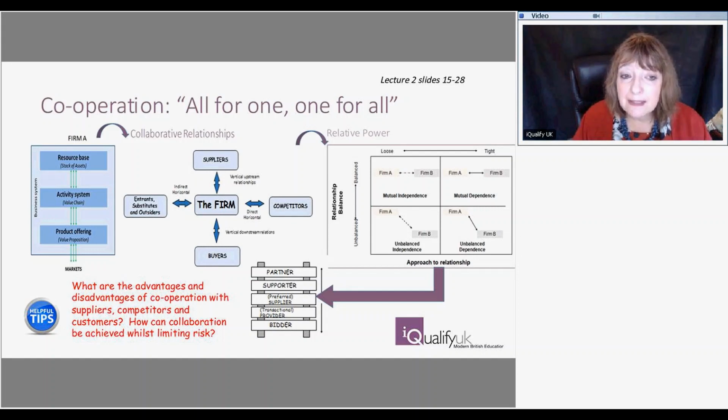And this slide, if you recall, was about how that takes place, and whether you're trying to create an effective supply chain through vertical upstream and downstream relationships, or looking at some sort of collaboration or complementation between entrants, substitutes and outsiders and also competitors to make a more complete offer.